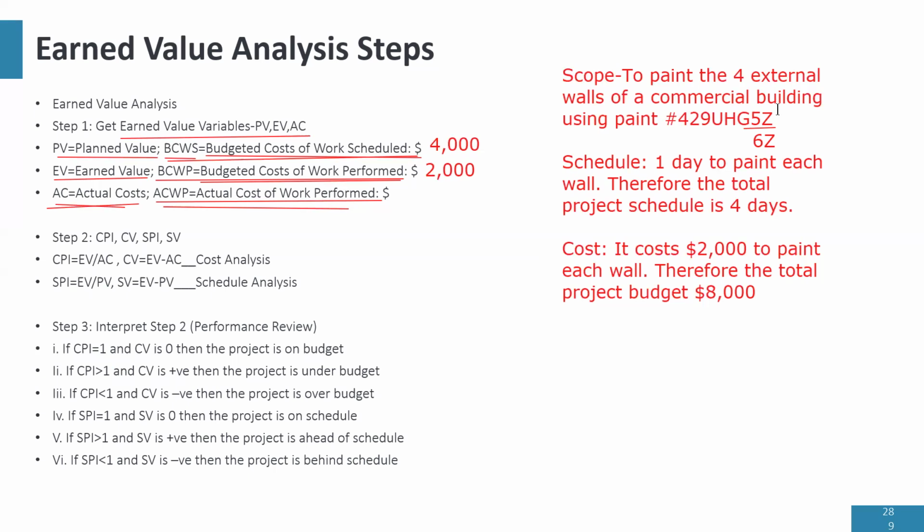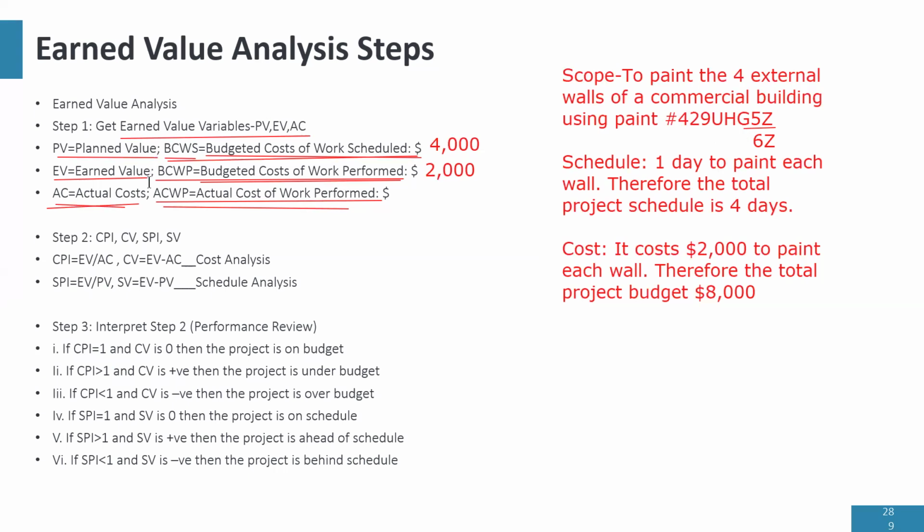My question now is, what is his actual cost? What did it actually cost him? Can someone help me? When he eventually found the right paint, it cost him $1,000 more than budgeted.